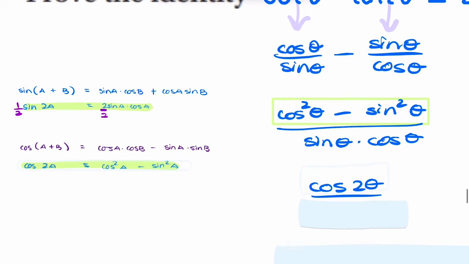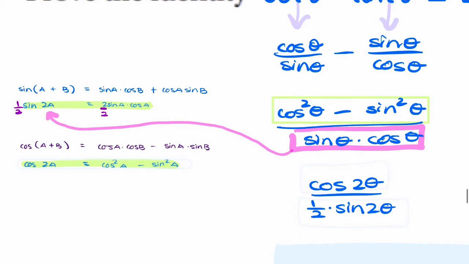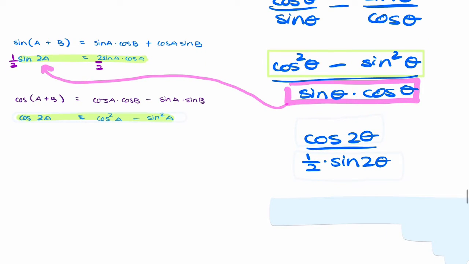And again, we can look at this denominator and say that is going to be replaced with that. So there we have our denominator. So you've got cosine 2 theta in the numerator, sine 2 theta in the denominator.